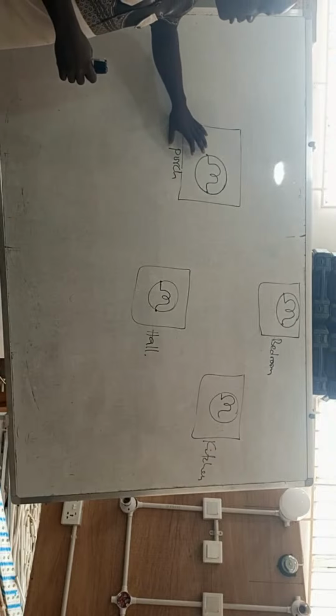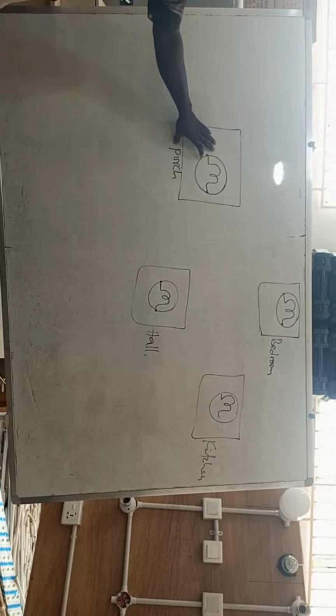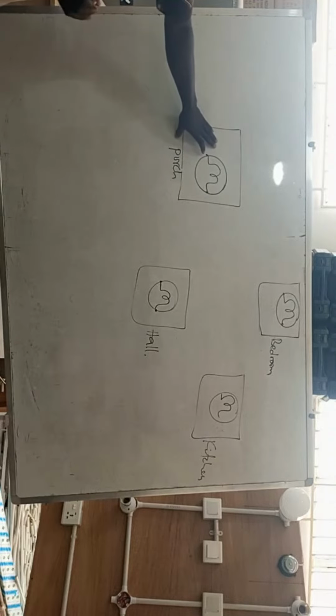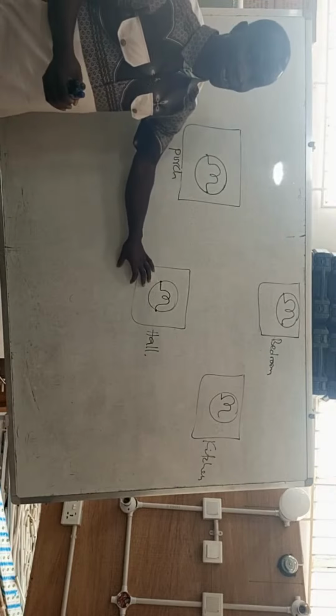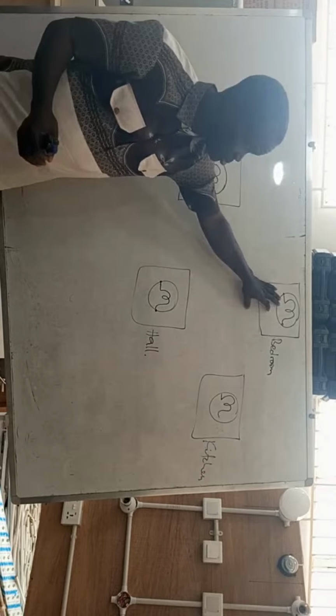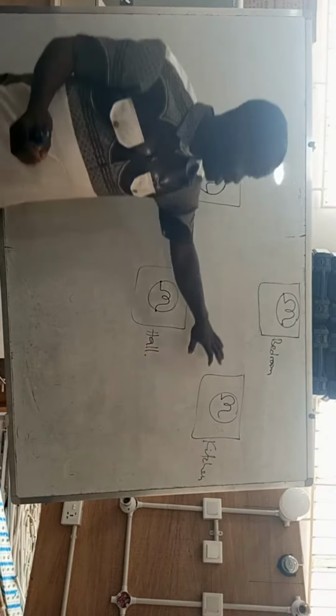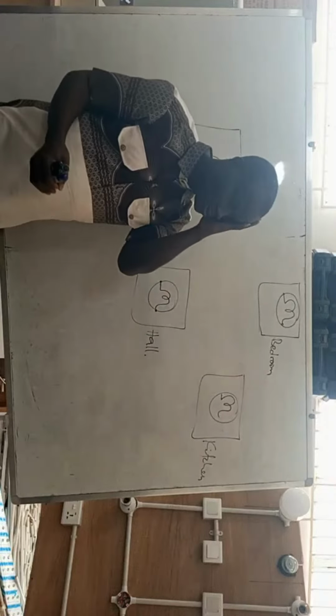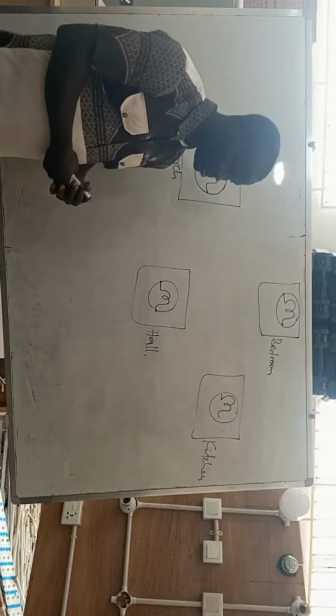So this lamp, let's say it's placed at the porch, and then you have one lamp also at the hall, and then you have one also in the bedroom, and then one in the kitchen. Okay.